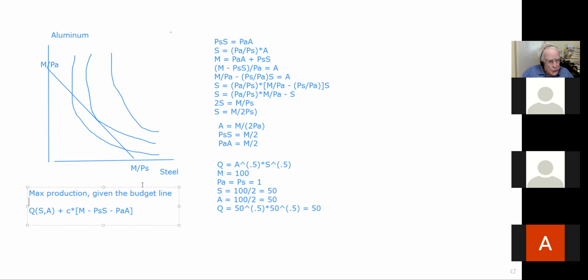And we will maximize that expression with respect to both inputs. So we'll call the entire expression L, after Lagrangian.